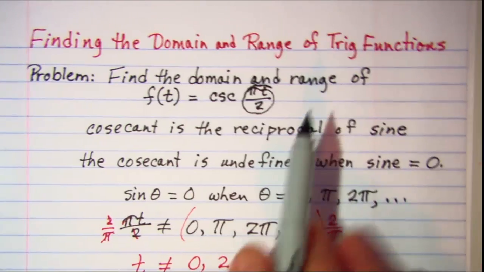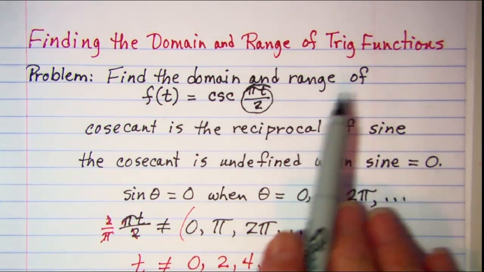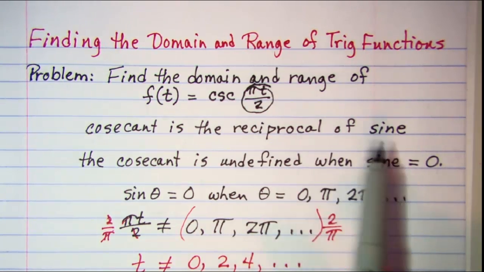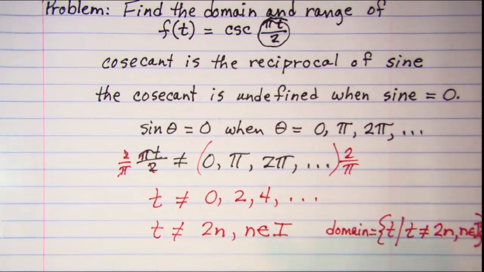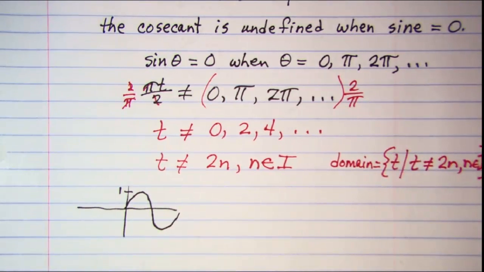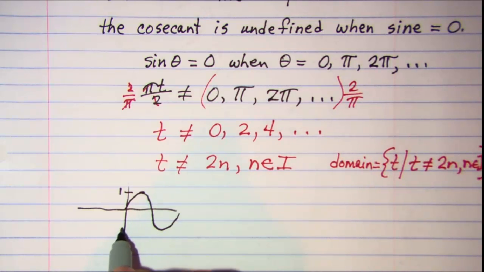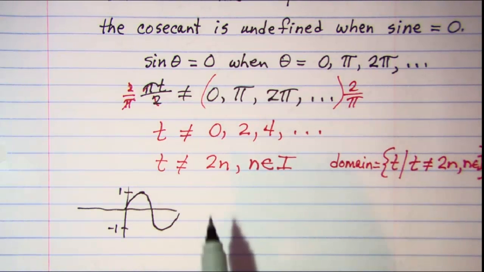Now, we also are asked to find the range. Our cosecant curve, again, is the reciprocal of sine, and if we were going to look at the graph of the sine curve, we know that the max is reached at +1 and the min at -1.